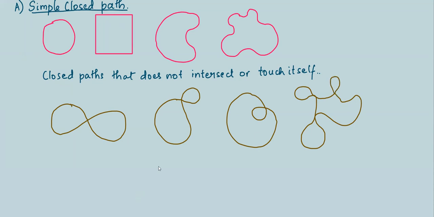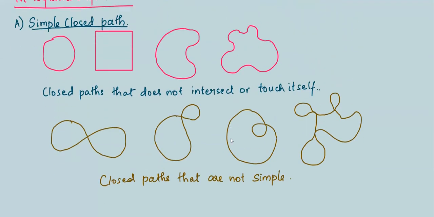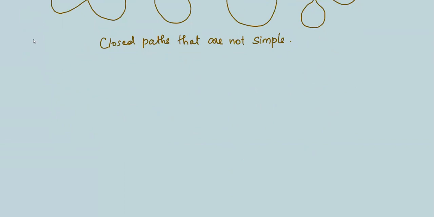These are all closed paths. So these are closed paths that are not simple. Okay. Next. So that's a basic definition of a simple closed path.